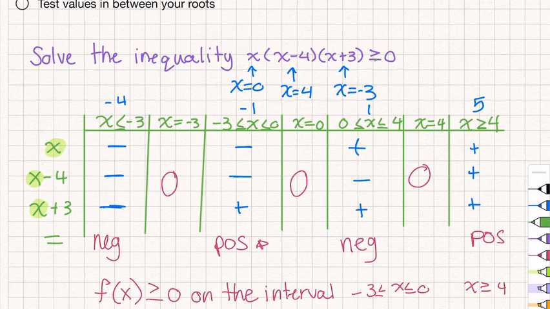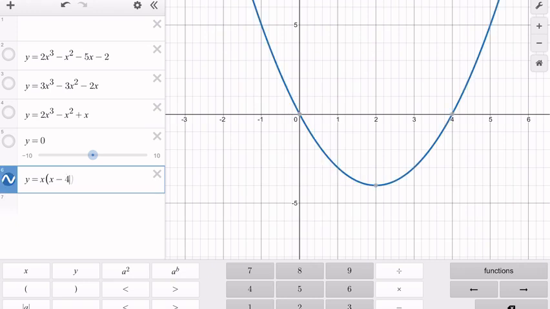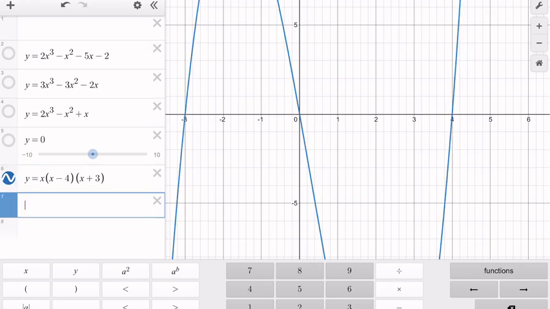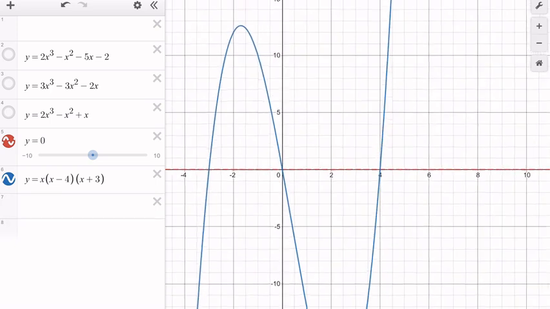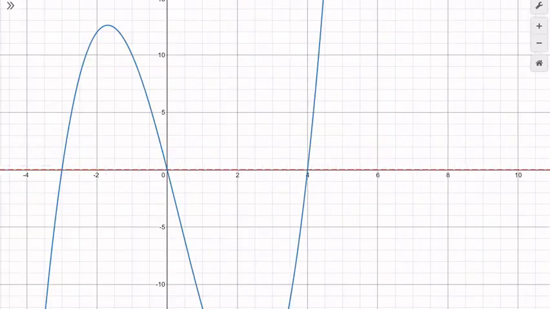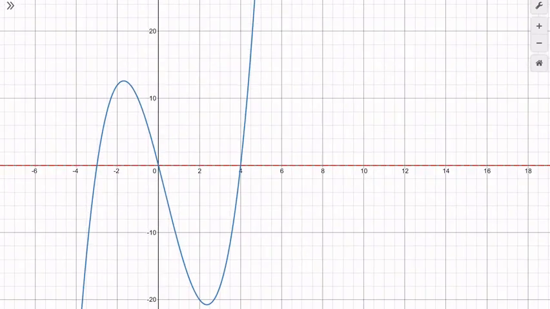If you want to see what this looks like on a graph, our function was y equals x times x minus 4 times x plus 3. Let's see when y is equal to 0. If we look at our function here, when is our function positive?